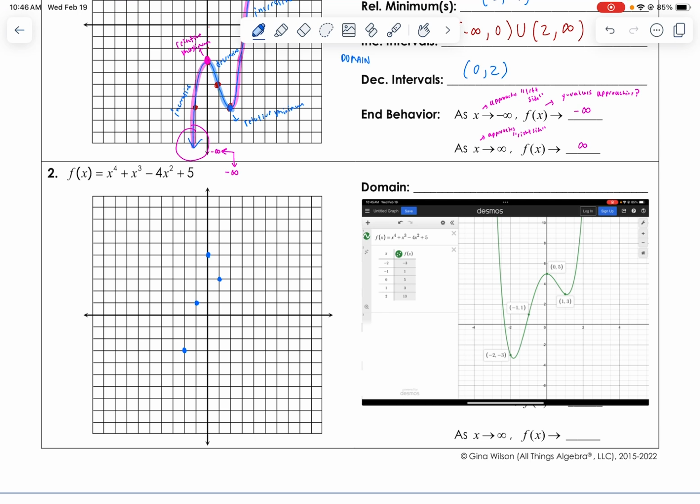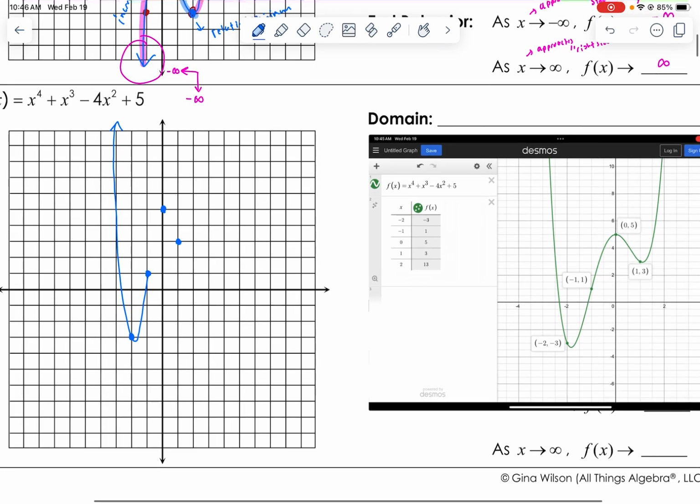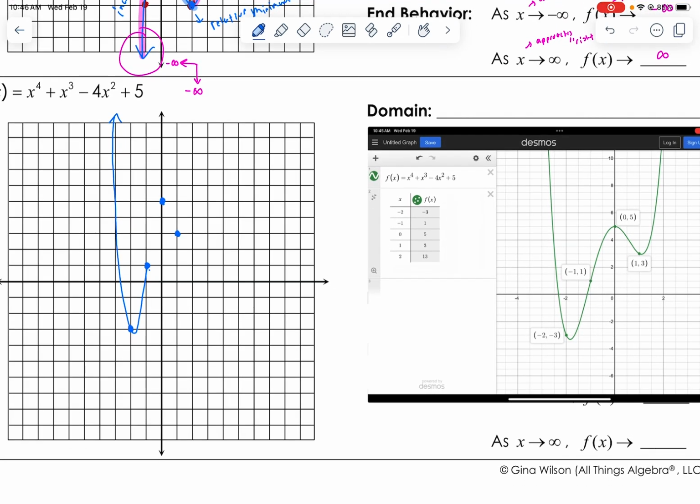So let's sketch this. It appears that as you go to the left, we're going up. Then here, it dips down a little more, and then it goes up, up, up, up, until you hit this point right here.